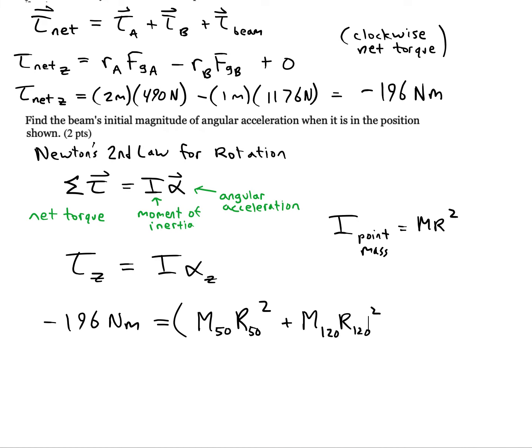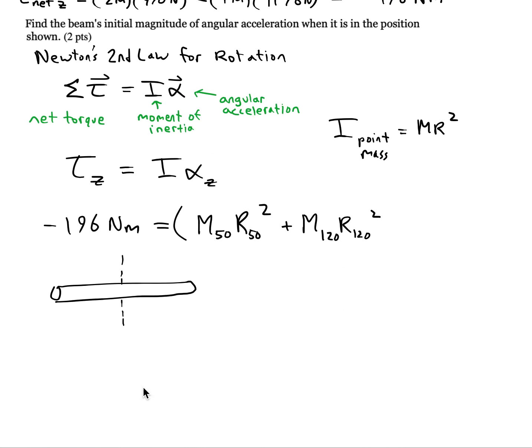There are tables of just moment of inertia formulas for different geometries. And it actually matters where the thing is hinged too, like where the pivot point is. So if you have a rod like this, and let's say the axis of rotation is going to be right through the middle, that's what we have in our case.